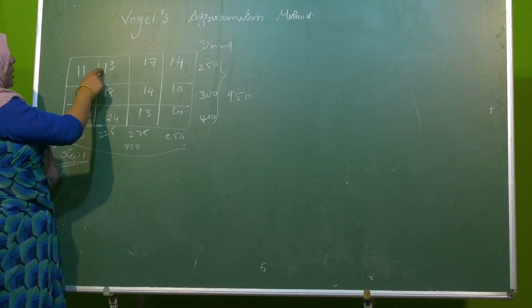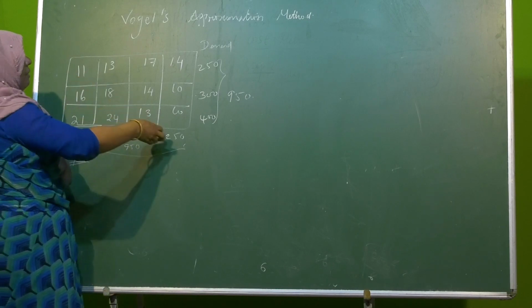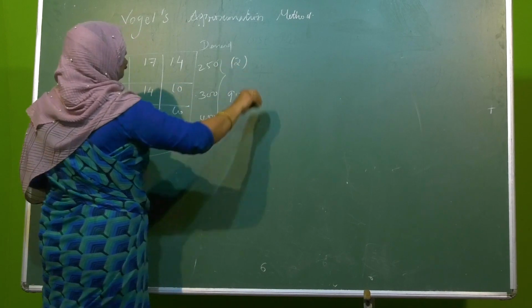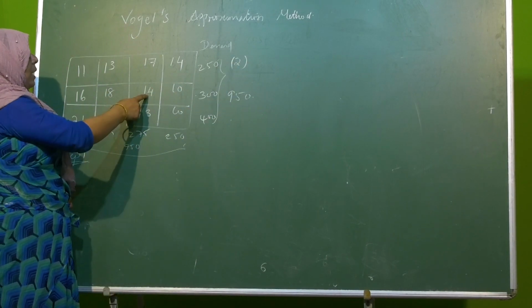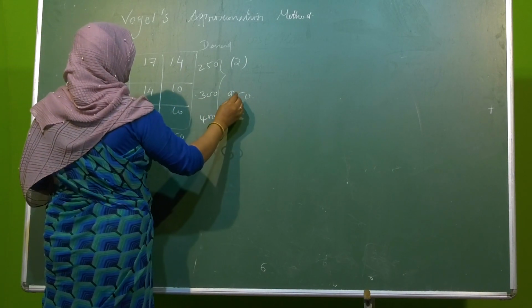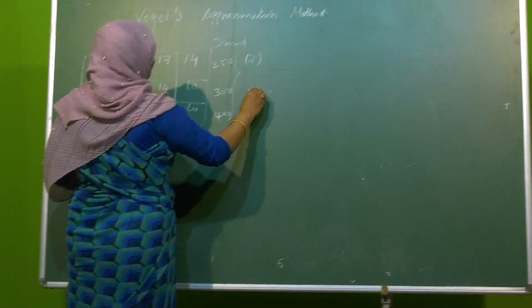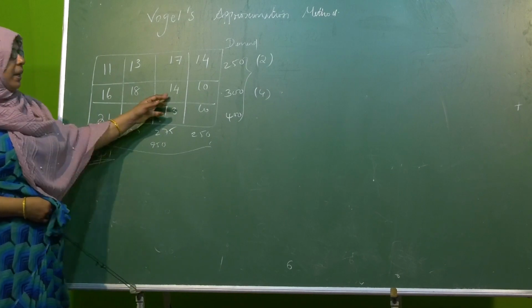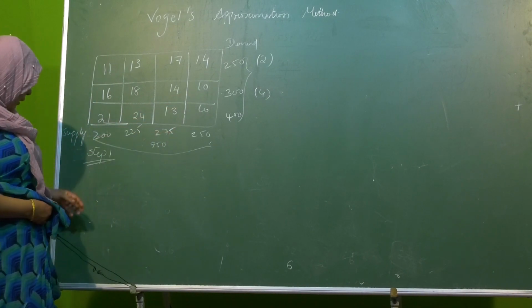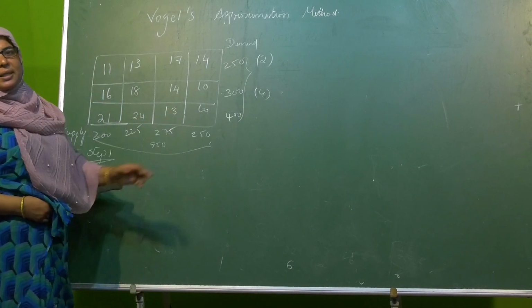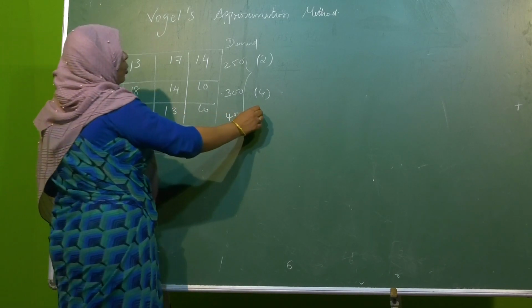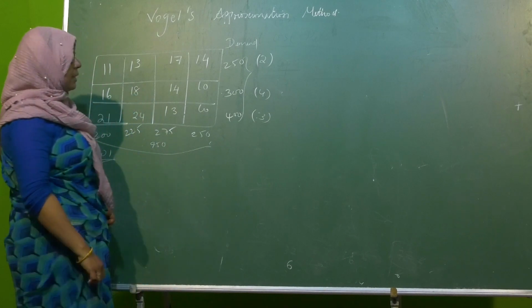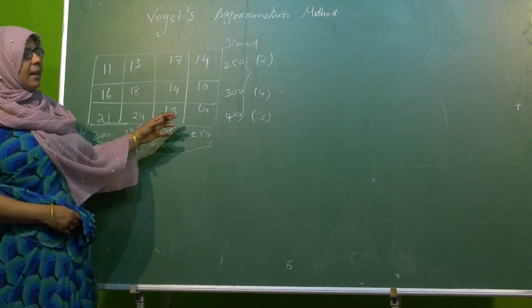The difference is 13 minus 11, 2. Likewise, 14 minus 10, 4. And another one, 13 minus 10: the least is 10, the next least is 13, so 3 is the difference.